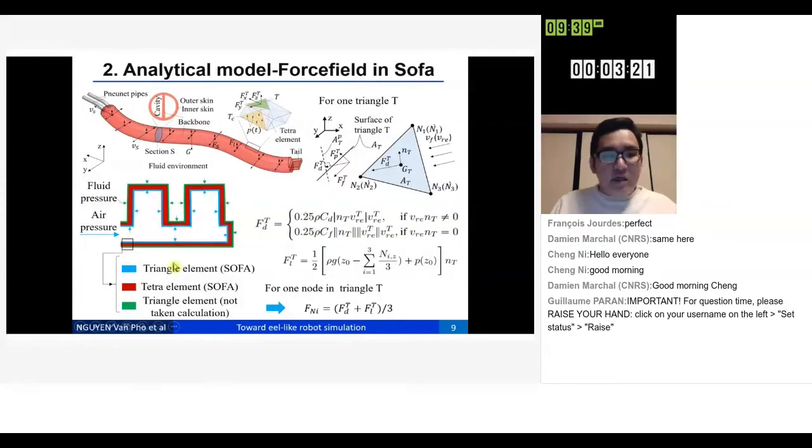Because the air pressure and the tetra force field are already given in SOFA, we aim to find the fluid pressure, or the water force field, acting on the outer skin of the robot. For each node of triangle T, we add the thrust force and the lift force on it, and the force for one node in one triangle T is 1/3 of the total thrust and lift force in one triangle.